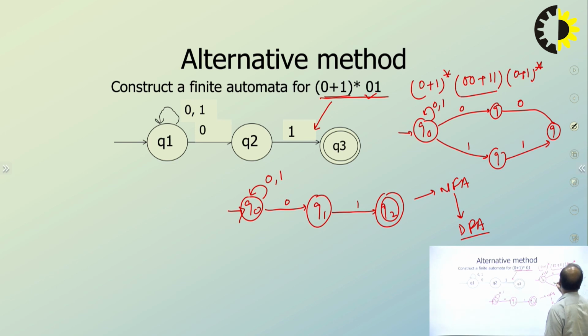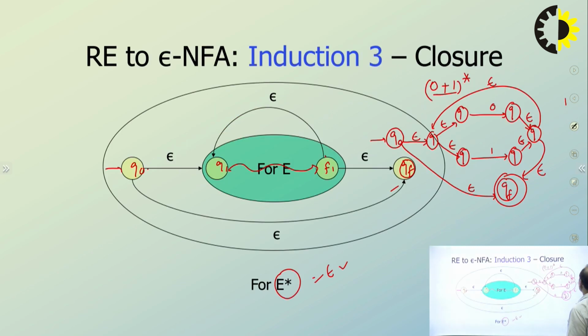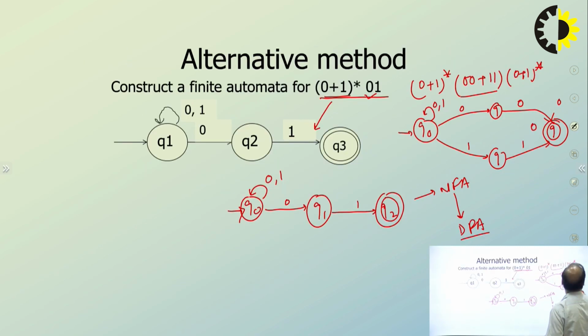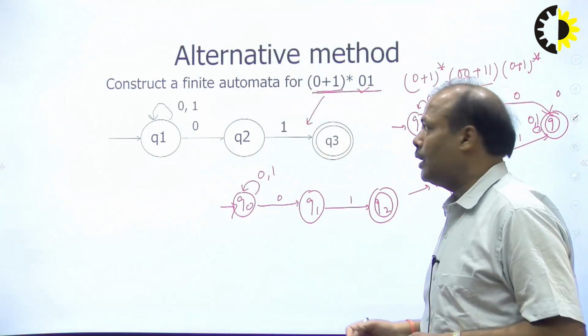So 00 or 11. And again after reaching here, we are not changing the state. Actually here will be 0 and 1. So this is the alternative method to construct the finite automata from a regular expression. This is preferred when you are asked to find the corresponding DFA.